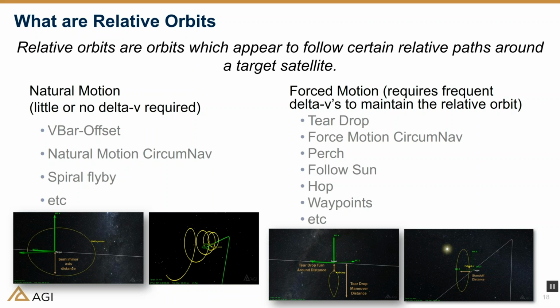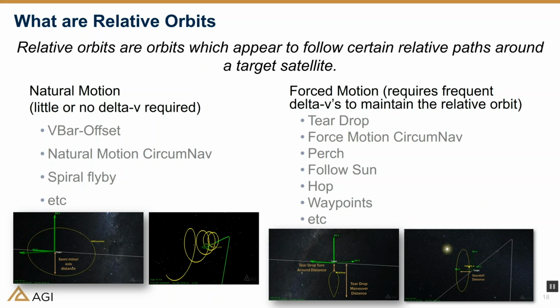In the in-track direction, it's a stable offset. So you could sit there as long as the target satellite did not maneuver for quite some period of time before you'd have to do any sort of maintenance on your orbit to keep that same relative position.